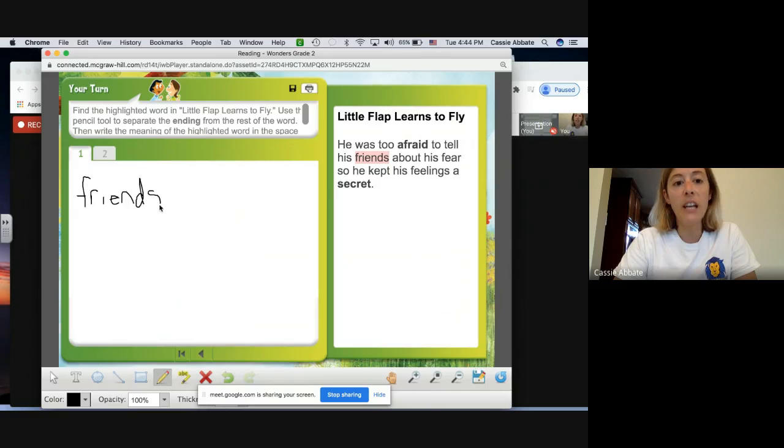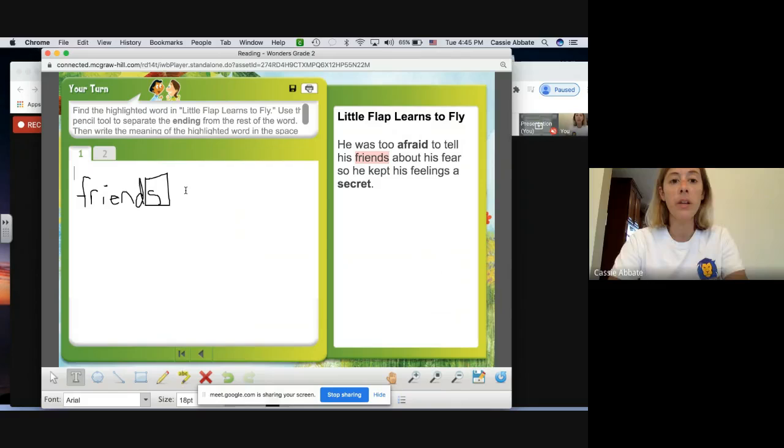So the ending is the S. I know that I didn't dot quite right there. Now I'm going to use the typing tool. Now I know that if there's an S, that means more than one.